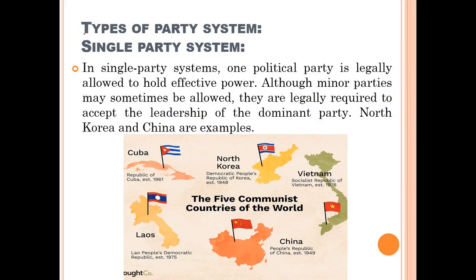When we discuss the party system, how many types of party system do we have? Three types. First one, single party system, where only one political party will work. There will be no scope for growth of other parties. It is said that in a communist country only the communist party will work.